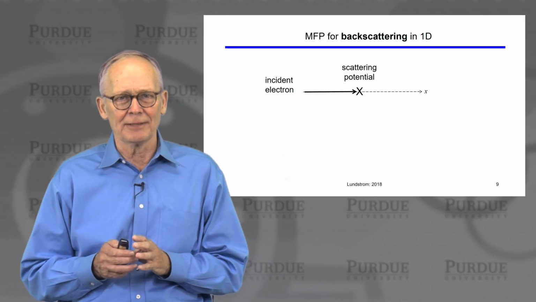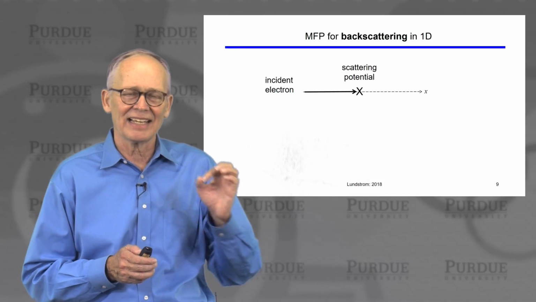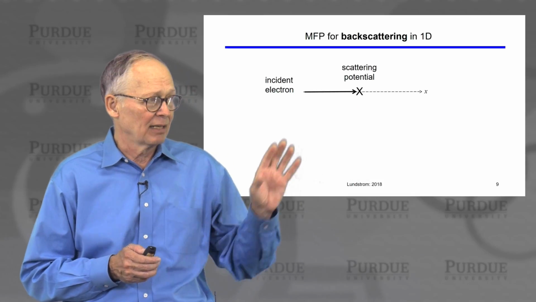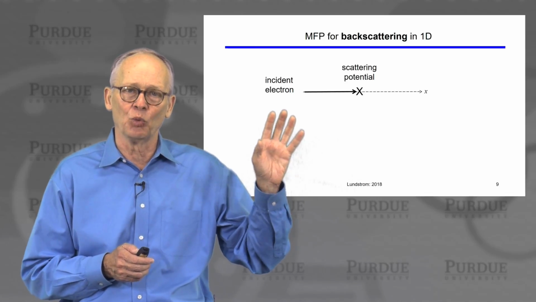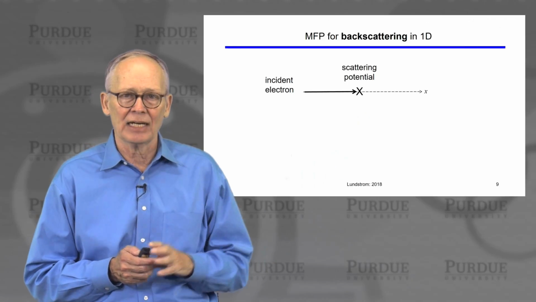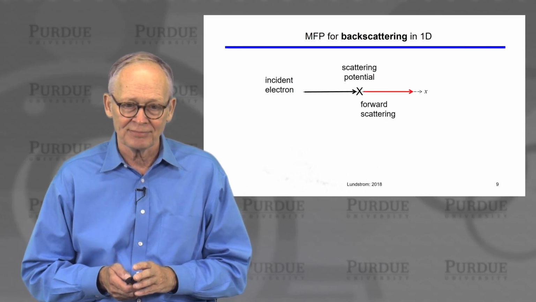So you can appreciate in one dimension why they're different. Let's say I have a nanowire MOSFET, and people are making nanowire MOSFETs. Electrons are free to move only in one direction, say the x direction. And let's say they encounter a scattering potential, which knocks them in a random direction.